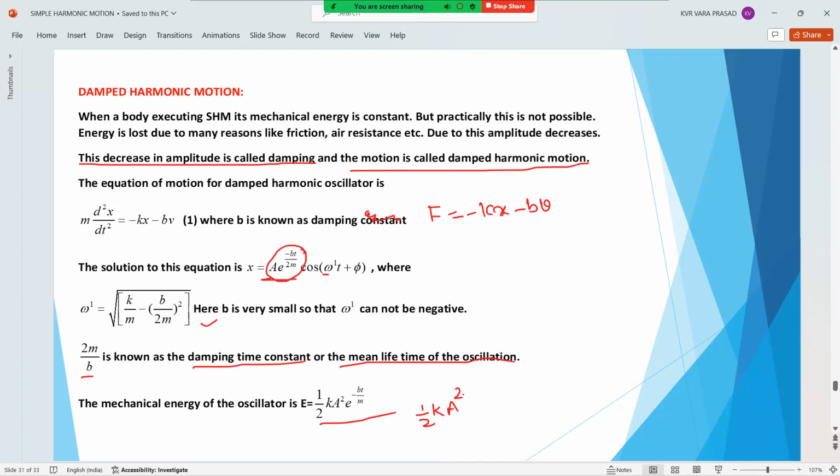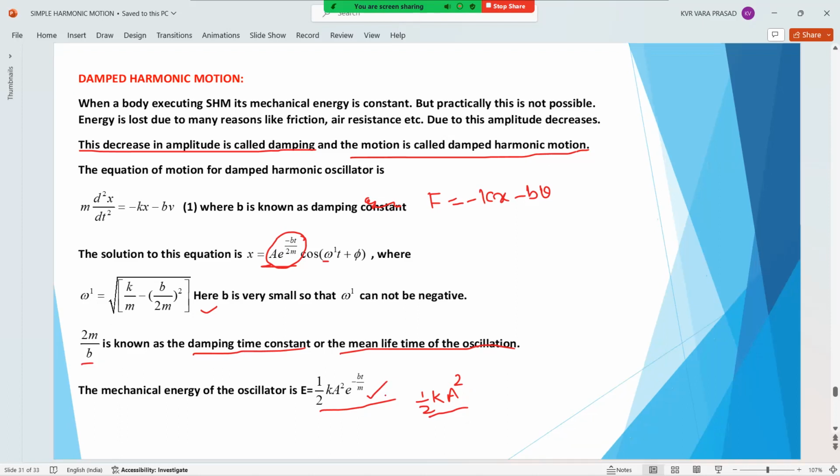Now in the place of a, it is a into e power minus bt by 2m. It is again the same form, no change in that. Just replace a with a into e power minus bt by 2m. So energy is half k a square into e power minus bt by m. This is what we have to remember while solving problems. Let us see the next one.